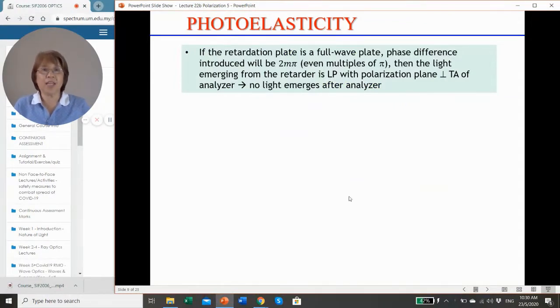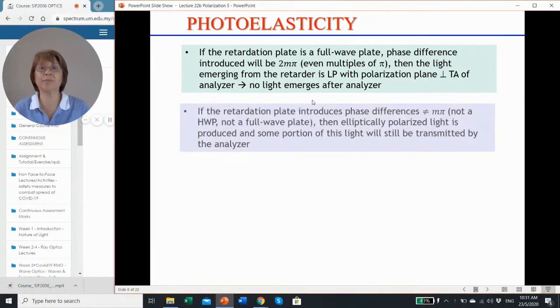Now, if the retardation plate is a full wave plate, then the phase difference introduced would be even multiples of pi. And the light that emerges from the retarder is in a linear polarization state, whereby its plane of polarization would be perpendicular to the transmission axis of the analyzer, and no light will pass through it.